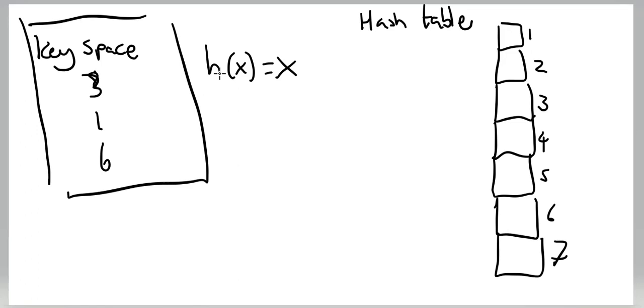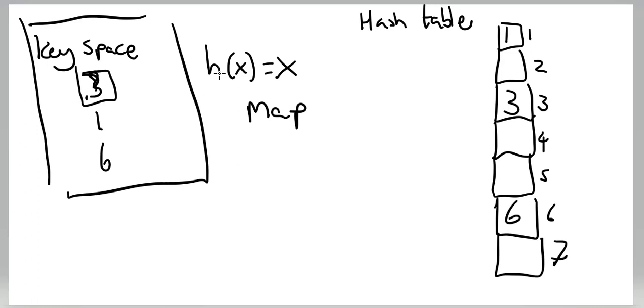That's basically going to map these keys to the array. So h(3) equals 3, that's going to put that into here. h(1) equals 1, h(6) equals 6, and we've mapped it.